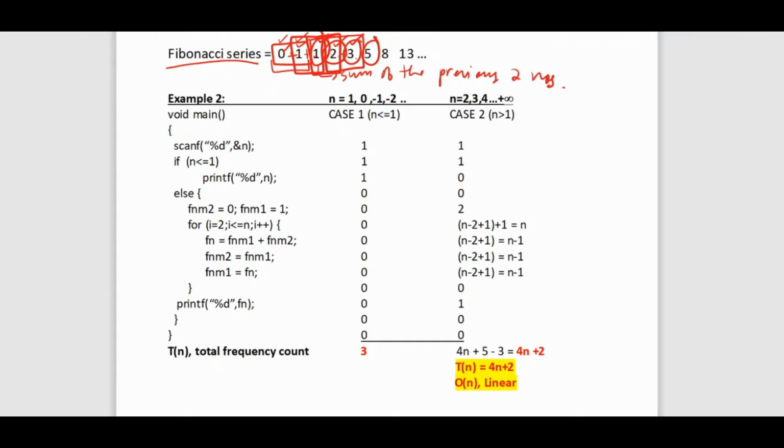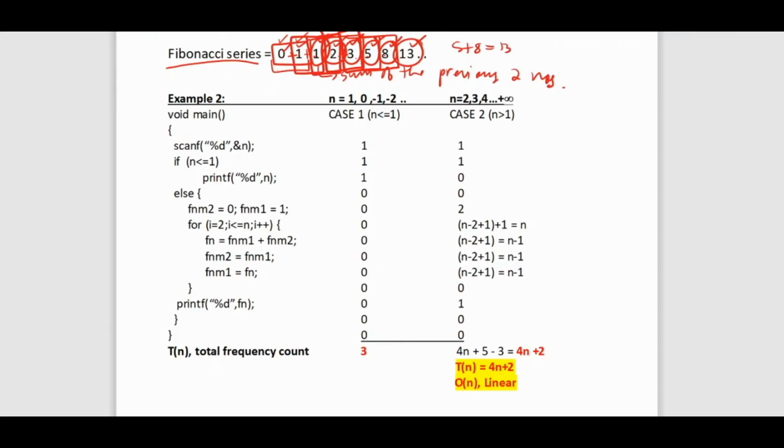You get the sum of that, it gives you 5. The next number is 8 because the previous two numbers are 3 and 5. When you get the sum of 3 and 5, it gives you 8. The next number is 13 because the previous two numbers are 5 and 8. 5 plus 8 is equal to 13. That's why this is 13.